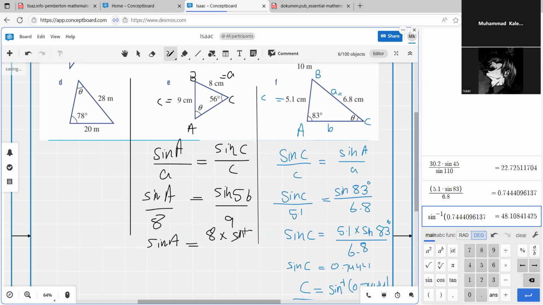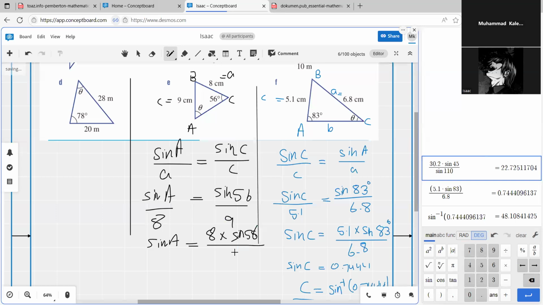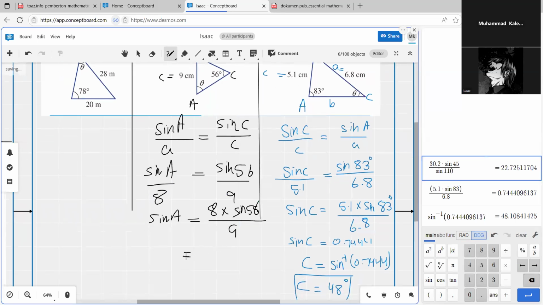And remember one thing: always, if you are directly replacing the values, take the whole number in the starting of sine. If you are writing sine 45 times 30.2, the calculator will do the multiplication first and then implement the sine. Do you understand what I mean? I think so.